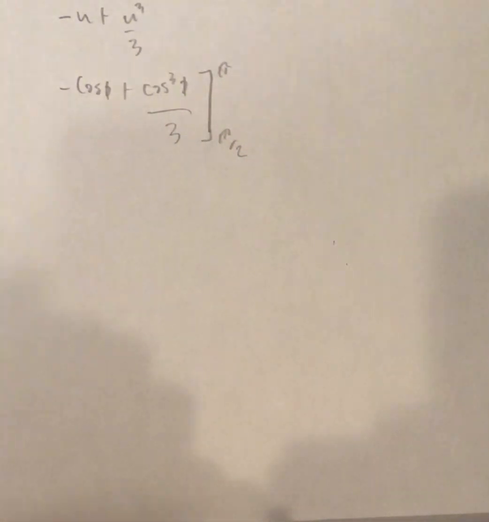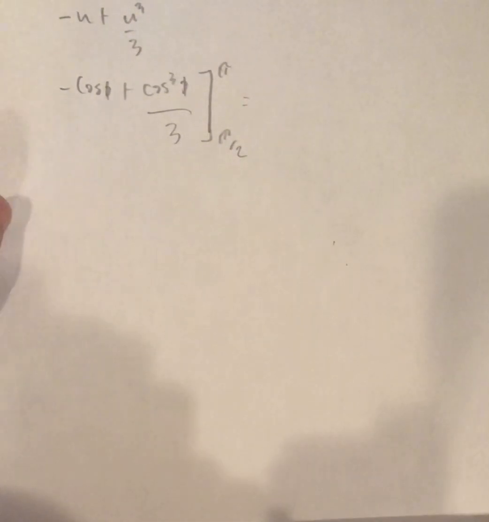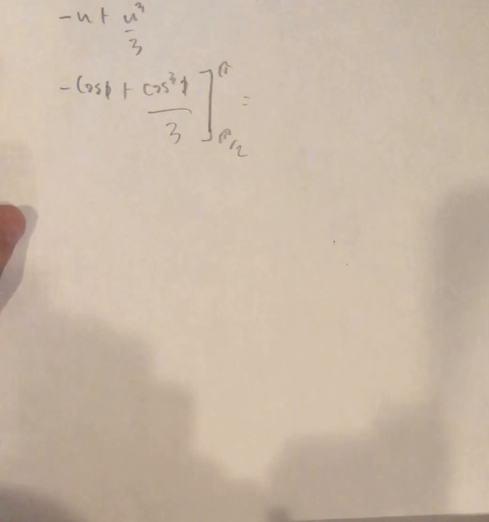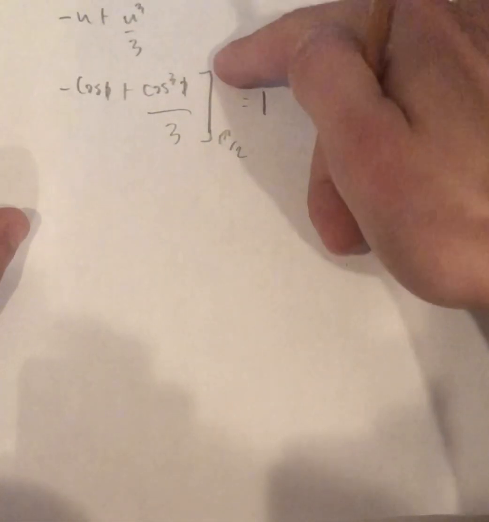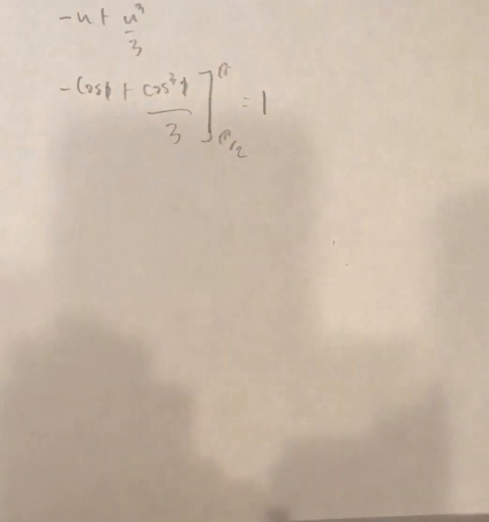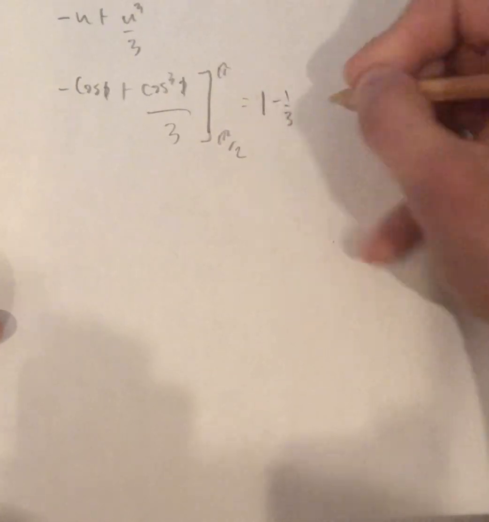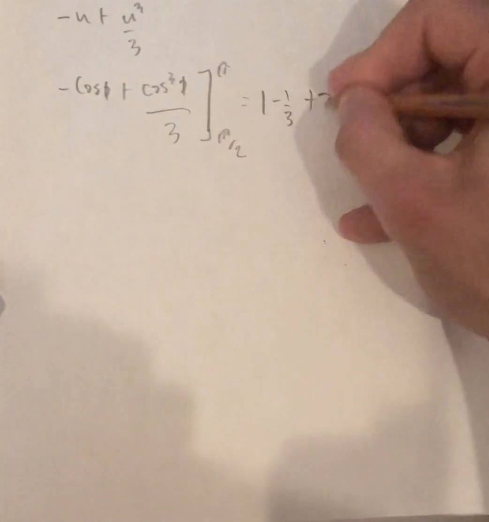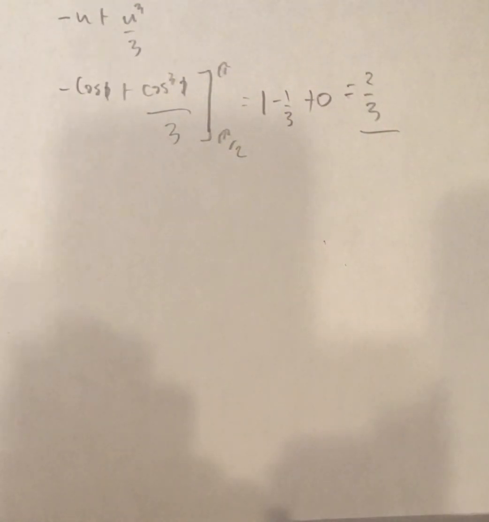Well, the cosine of pi is negative 1, right? So that's just going to be negative 1 times negative, that's positive 1. Cosine of pi is negative 1, cubed is still negative 1, so that's minus 1 over 3. And then the cosine of pi over 2, well, that's just 0 for both cases. So ultimately, this is going to be 2/3, right?